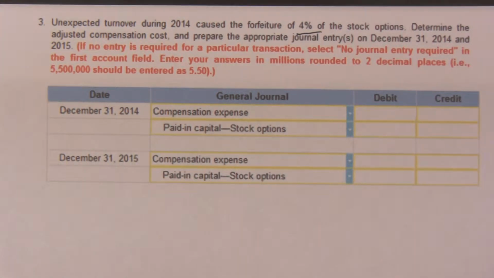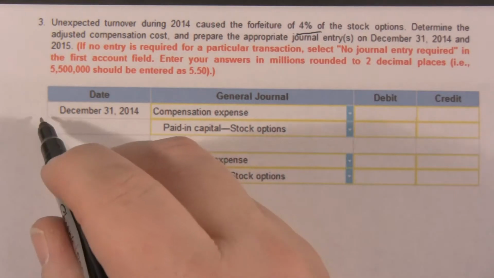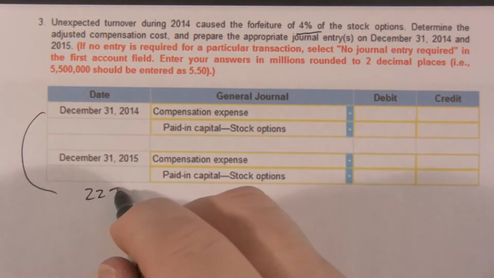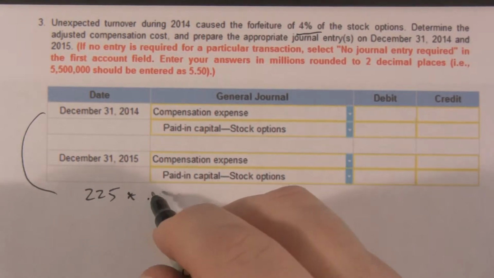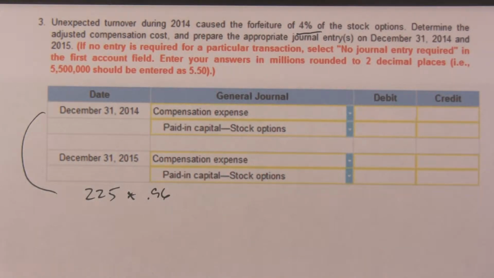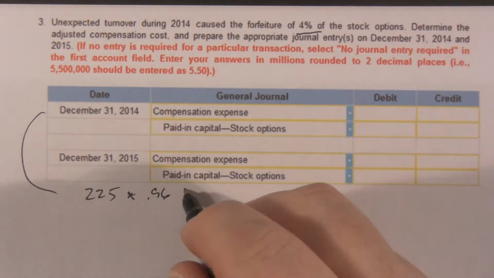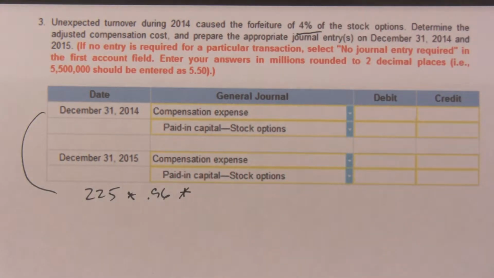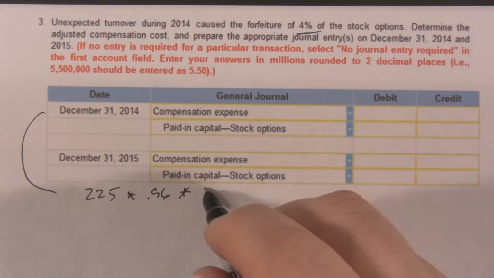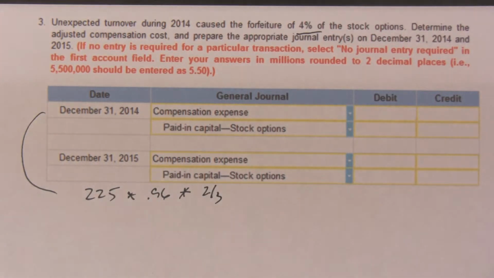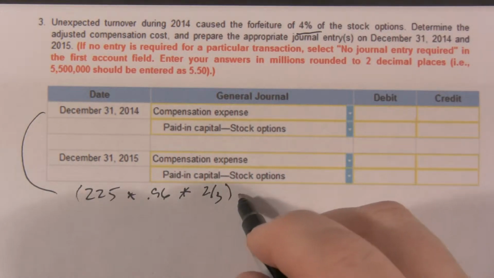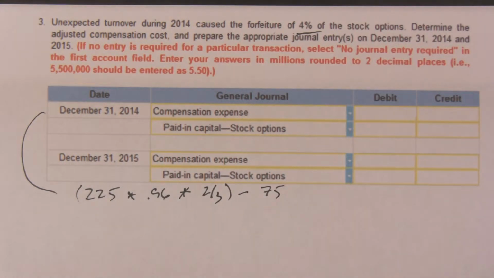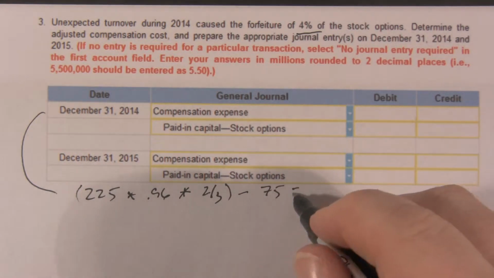So let's take a look at the compensation expense for this year. For the second year, we're going to take the 225, the potential cost, times 96%. And there's 2 years done, so we're going to be taking 2 of the 3. And then we're going to take out the 75 that we already recognized.